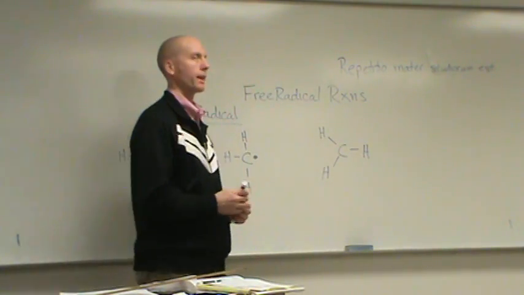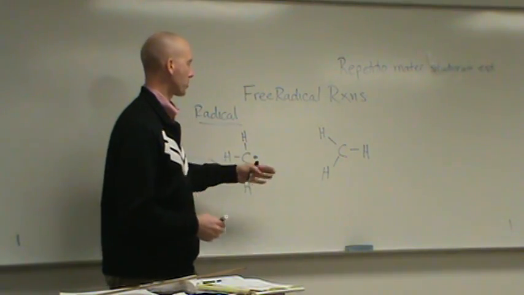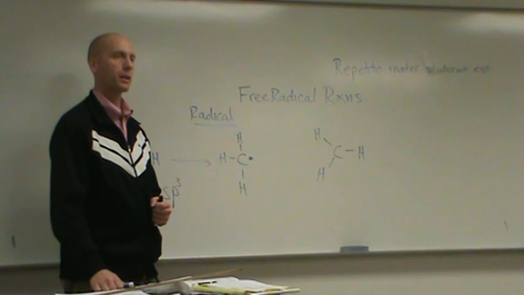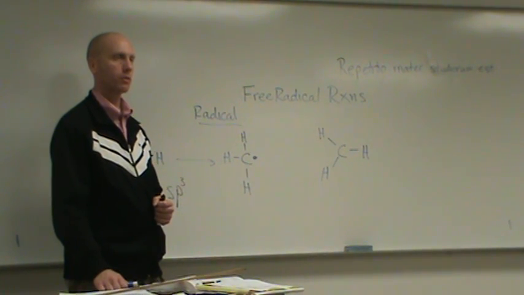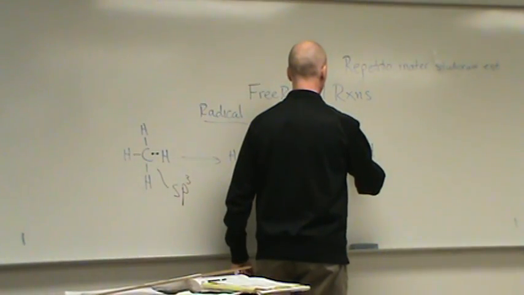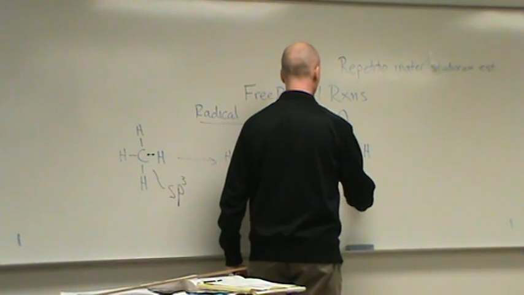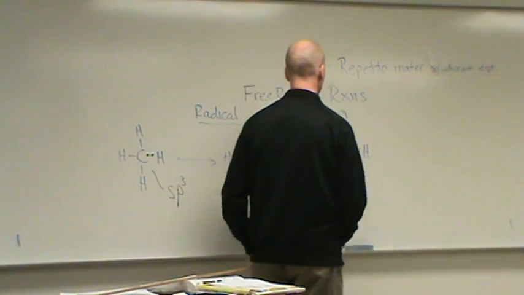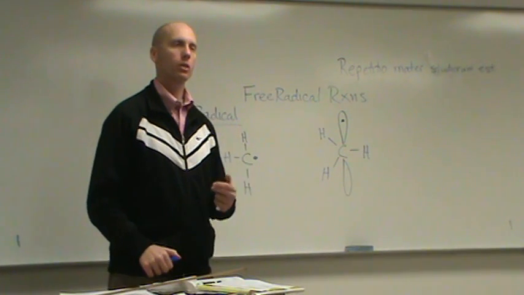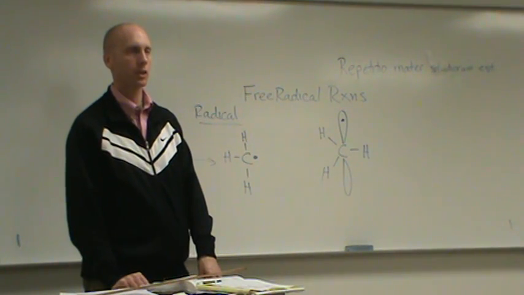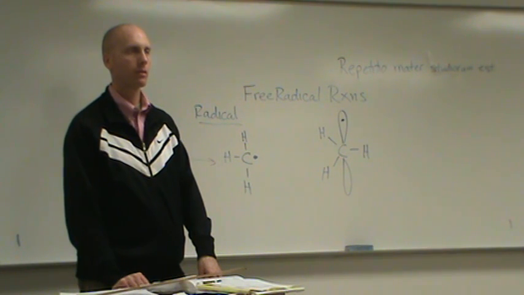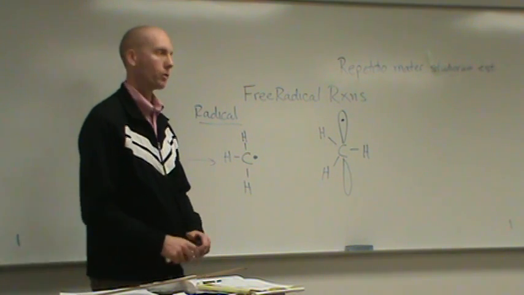That carbon has 3 bonds to hydrogen, like that. I now have to figure out where to put that extra electron. That extra electron is going to go in a p orbital, like that. What does that look like its hybridization is then? If I have a p orbital, sp2.